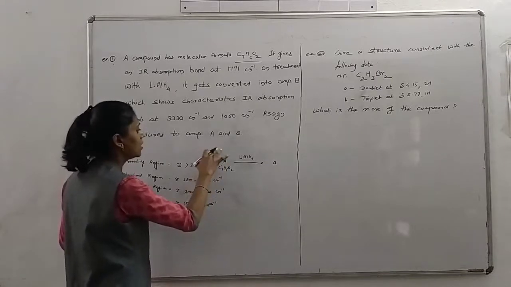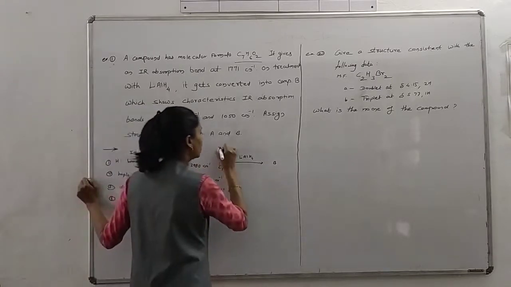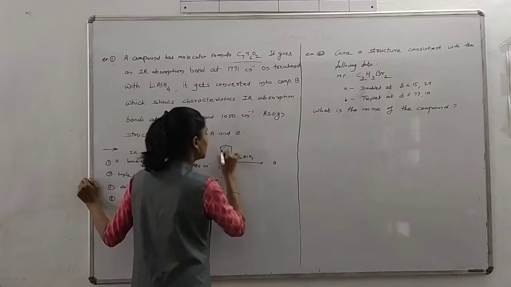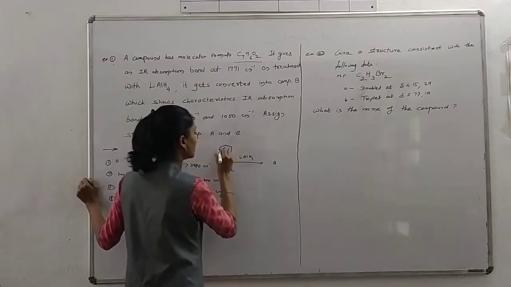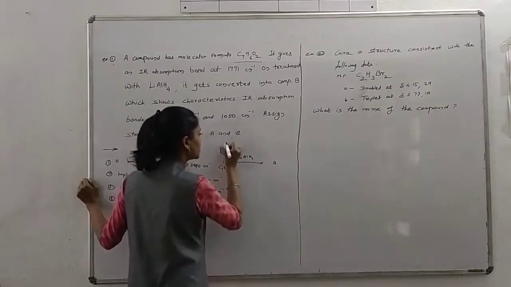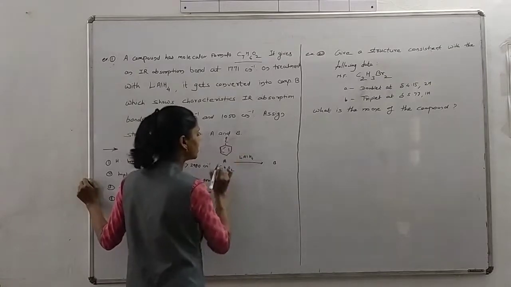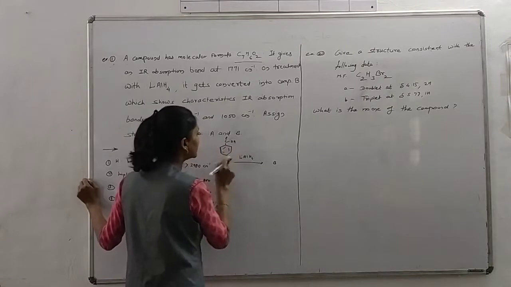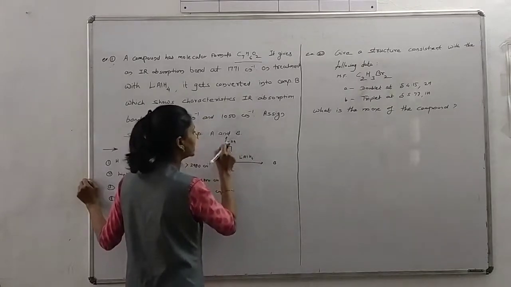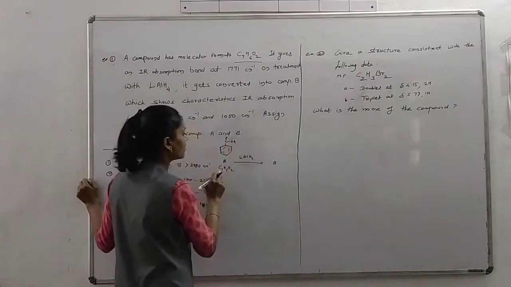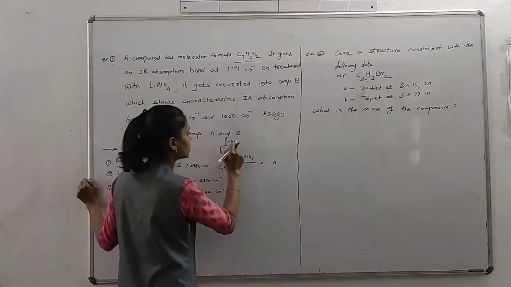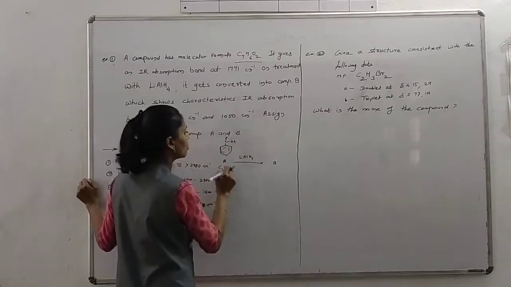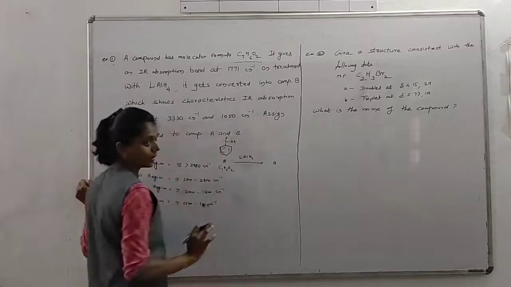It is a benzene ring, that means 6 carbon atoms, and the seventh is the carbonyl group, which is an acid. Now when we count: 7 carbon atoms, 5 protons plus 1 proton, 6 protons, and 2 oxygens. That means this is correct.